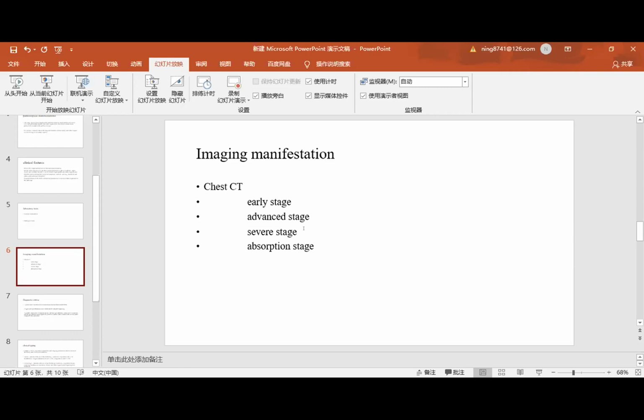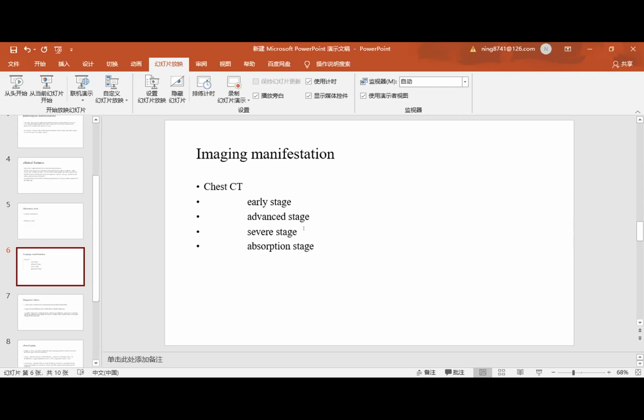There is a lot of overlap between COVID-19 and other viral pneumonia CT findings, and the imaging physician needs to combine the patient's exposure history, travel history, first symptoms, and laboratory indicators to make the diagnosis.